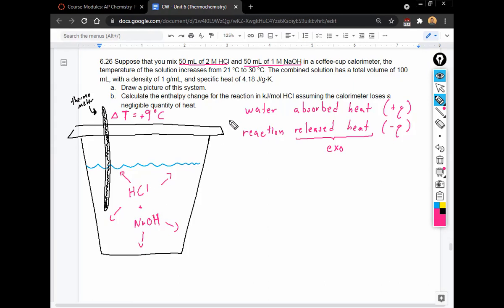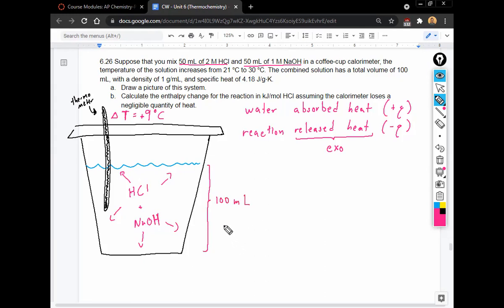Why it's exo? Okay, so we know the water is going to have a positive Q value and the reaction is going to have a negative Q value. Okay, so it tells us the combined solution has a total volume of 100 milliliters. Okay, so this whole thing right here is going to be 100 milliliters.